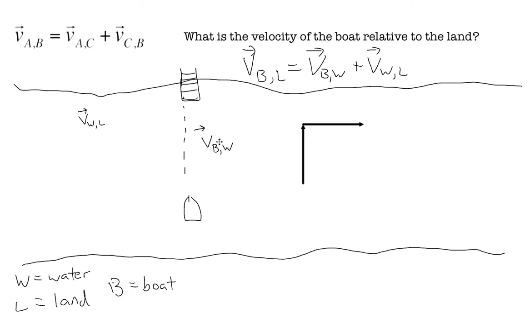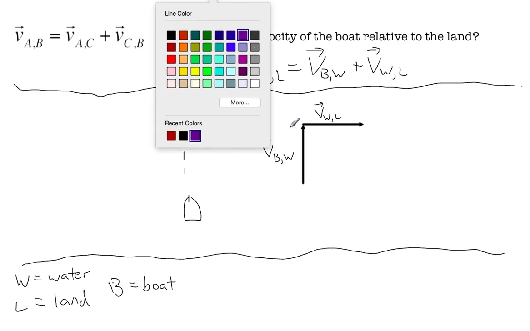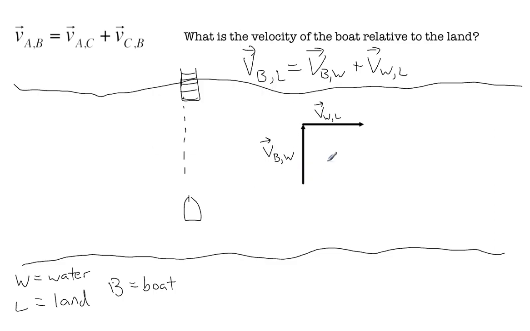So if I take the boat relative to the water, add to it the water relative to the land, the resulting vector looks like this. And that is the velocity of the boat relative to the land.